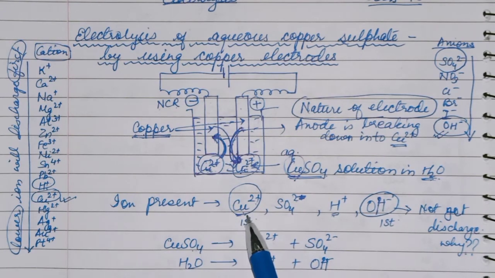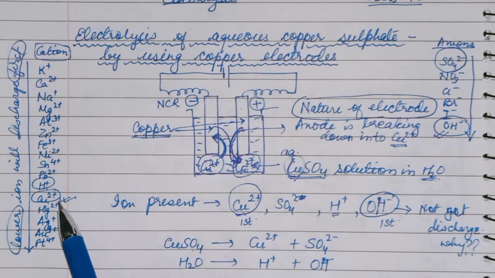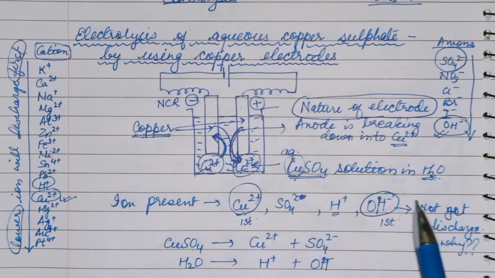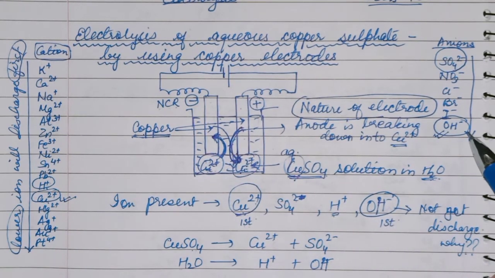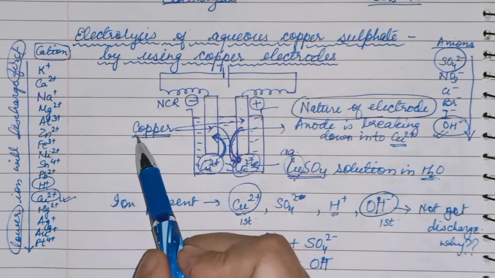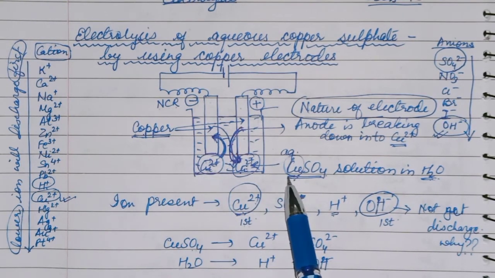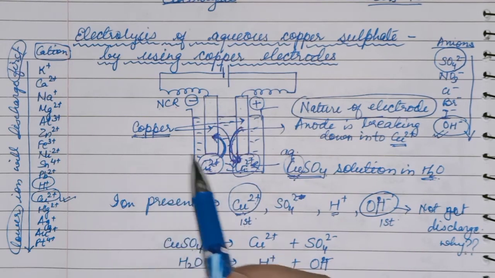Cu will get discharged first because it occupies a lower position in the reactivity series or electrochemical series. OH- ion is occupying a lower position in the anion series, but it is not discharged. Why? Because the electrode as well as the electrolyte both have the same element in it, that is copper.